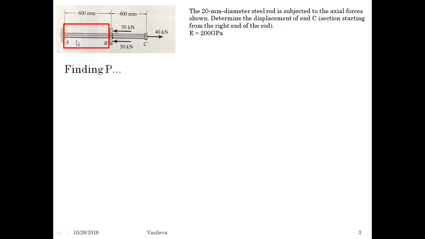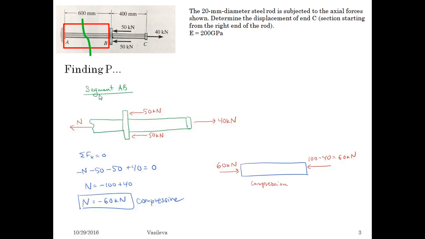So finding P for segment AB. I'm going to focus on this segment, and I start off by cutting the rod between points A and B. So from there, what happens? If I cut it, I can either choose to look at everything to the left or to the right.